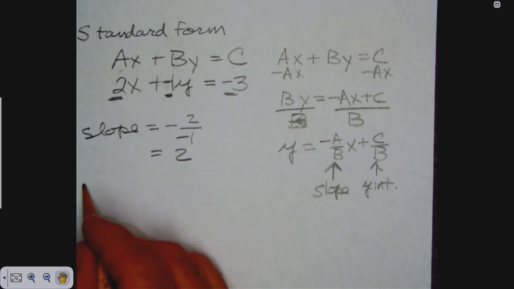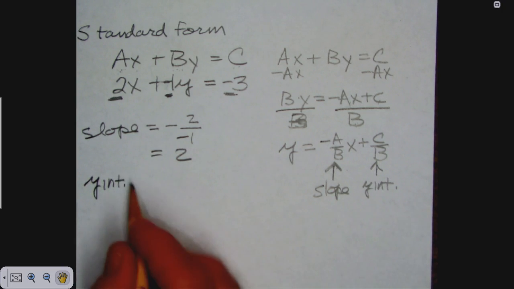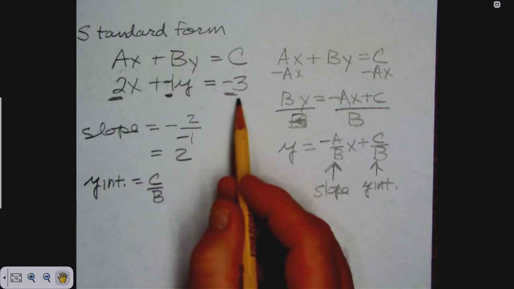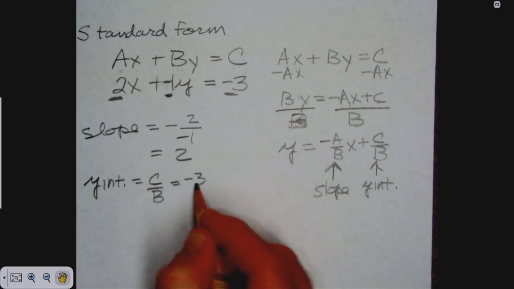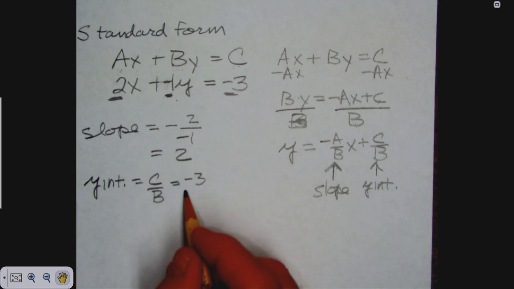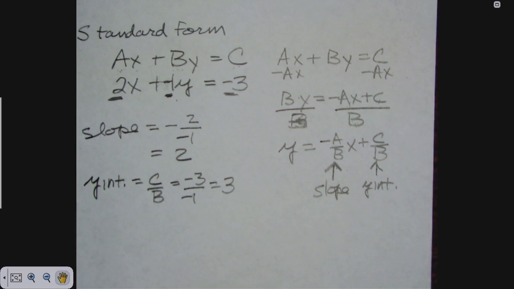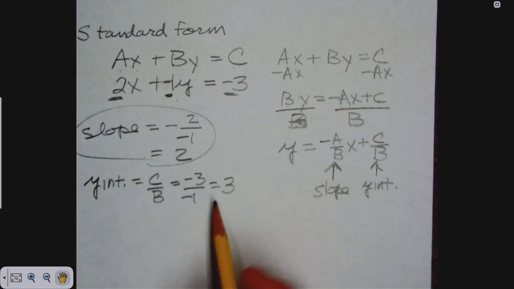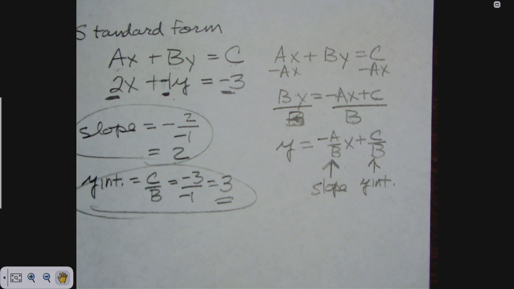The Y-intercept, I'm abbreviating that, is going to equal C over B, which is going to be negative 3 over negative 1, which is simply equal to 3. So we have a slope of 2 and a Y-intercept of 3. Okay? We're going to use that information now to graph this.